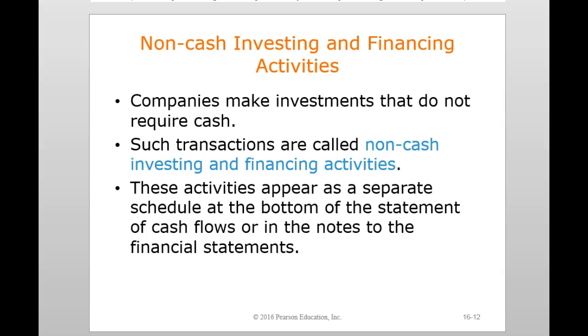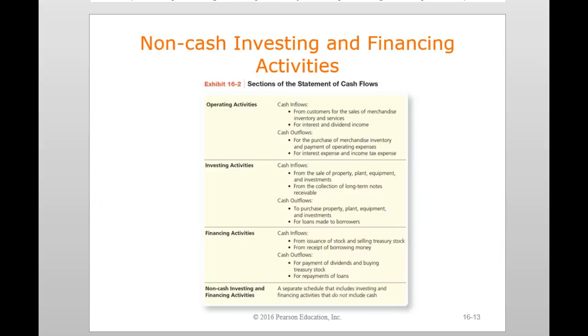And at the end, sometimes you will find non-cash investing and financing activities that are added clear at the bottom of the cash flow statement. And here are some examples of investing and financing activities that are non-cash that would have to be listed.